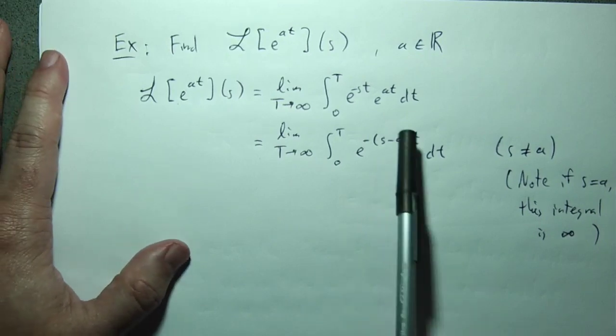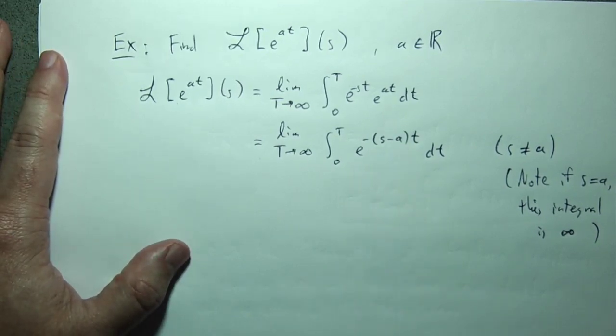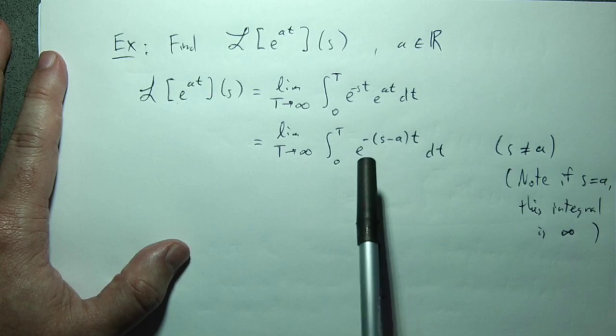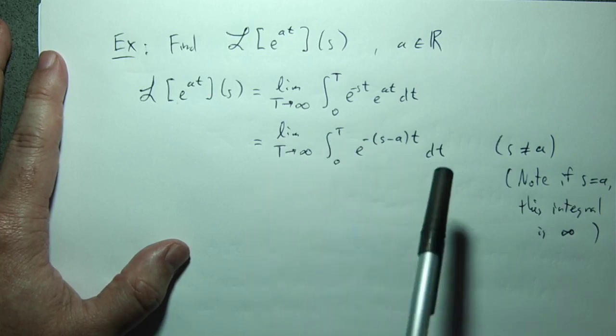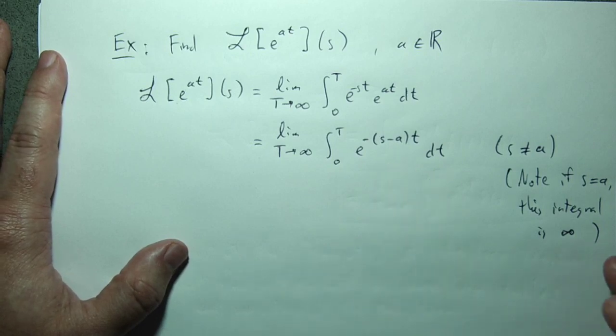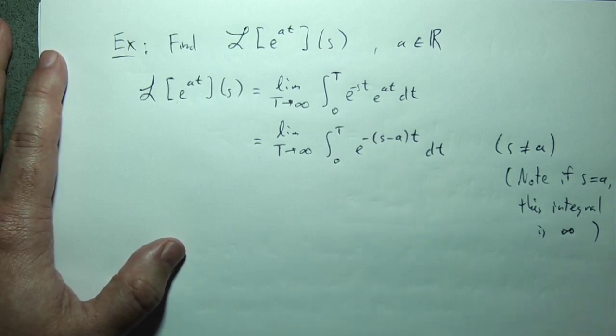Again, why? If s is equal to a, this would be e to the 0t, which is e to the 0, which is just 1. So that limit is infinite. And so we're assuming that s is not equal to a.